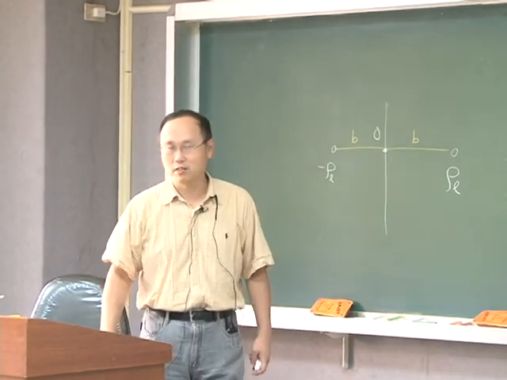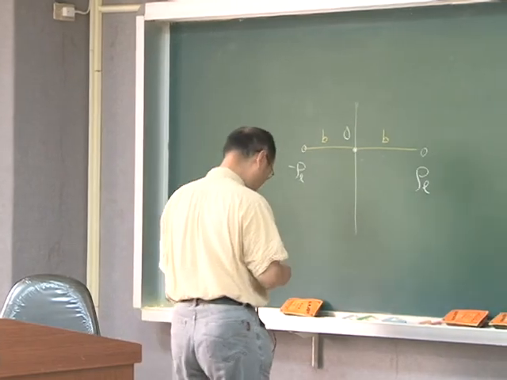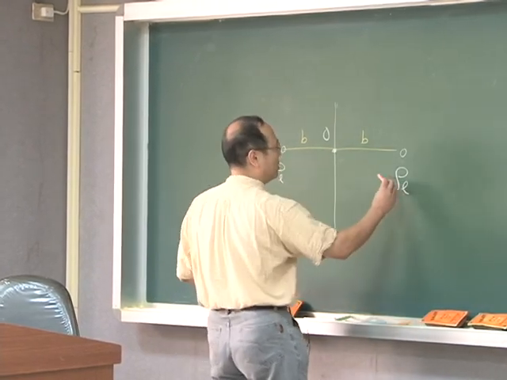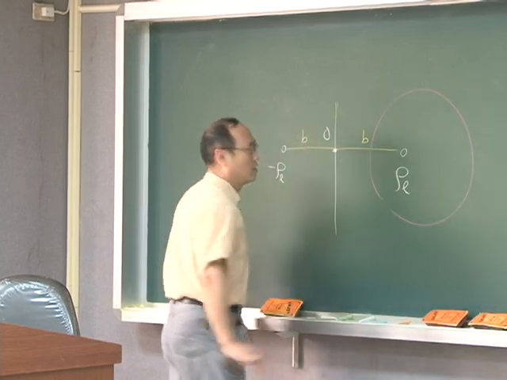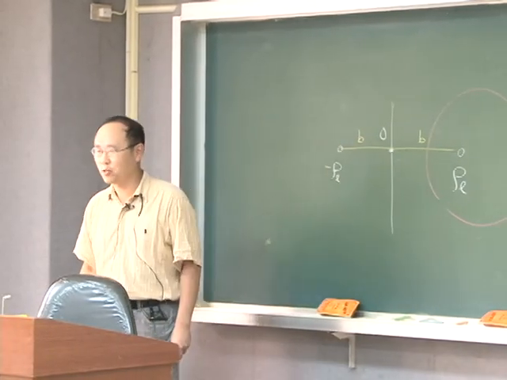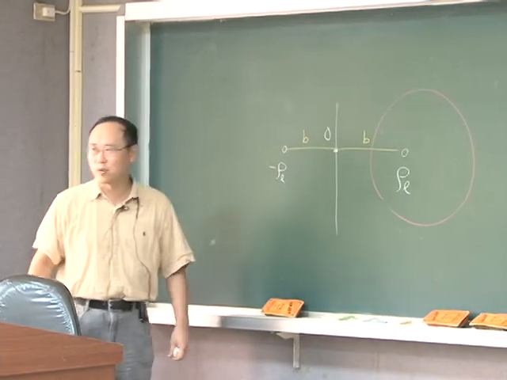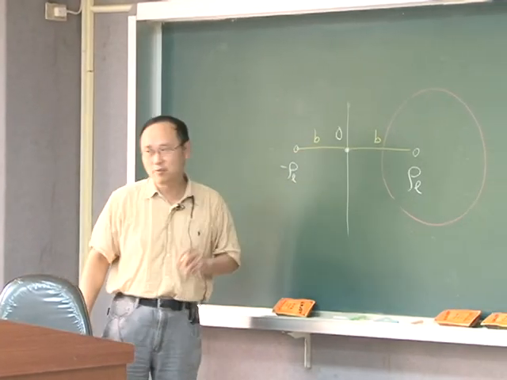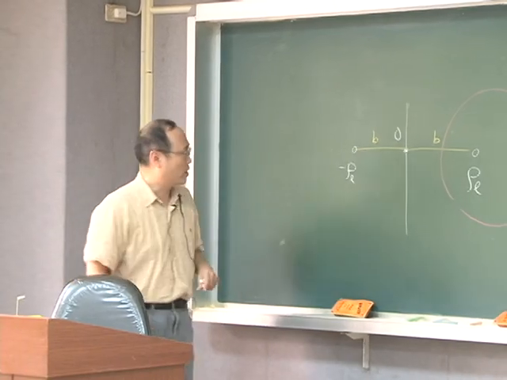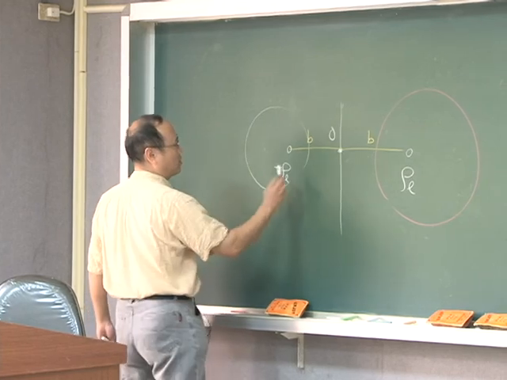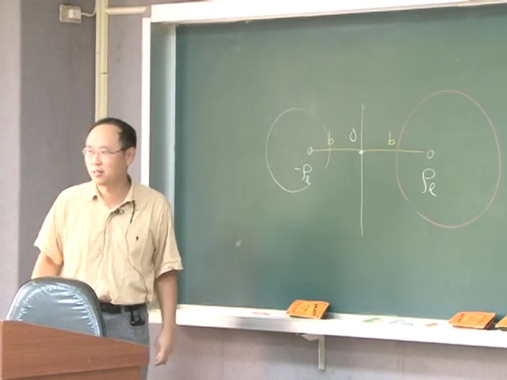And in space, you can create some equipotential surface. Say for this one, you can produce an equipotential surface because the whole thing is symmetric above this line. So you can also produce an equipotential surface somewhere here.